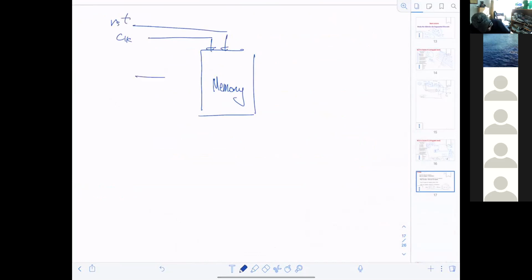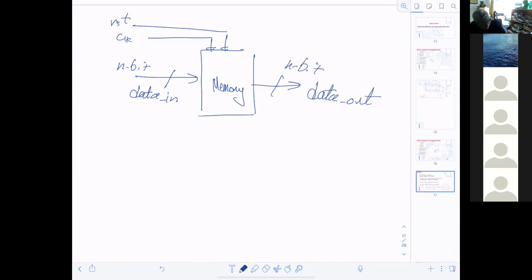And it will have data in bus, and it will have data out. Then I need to push data inside the memory, and I need to pull data out of the memory. Do you agree?